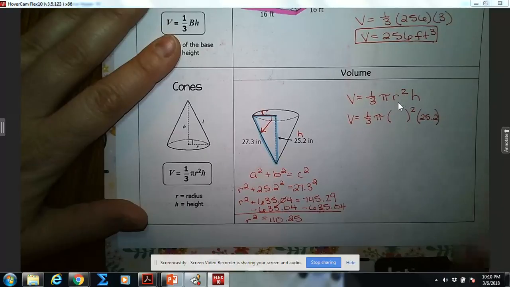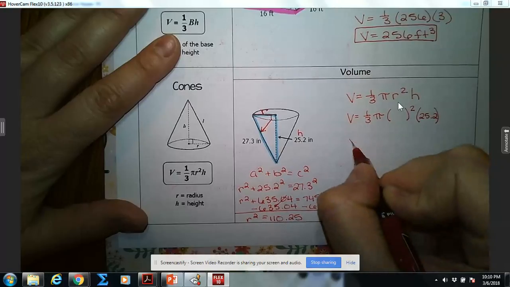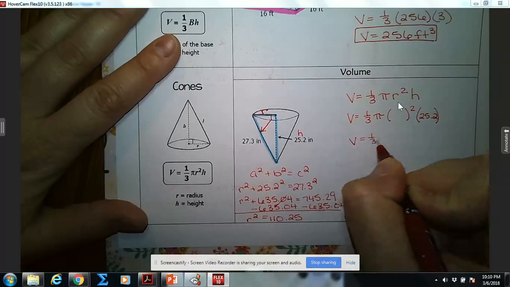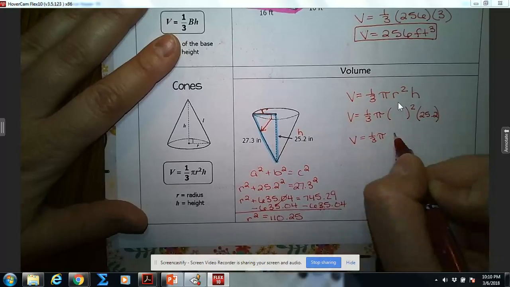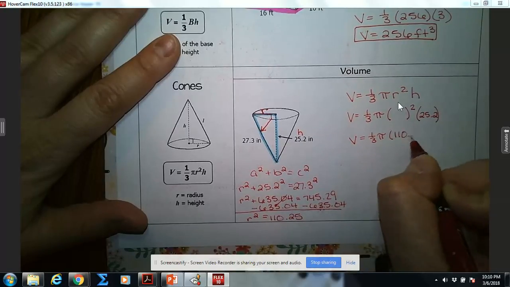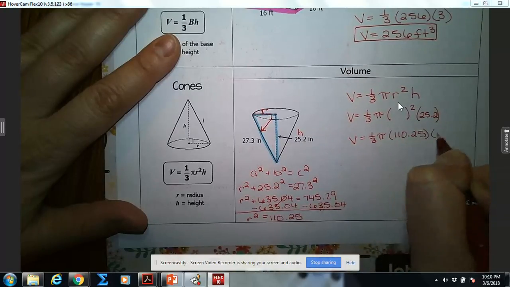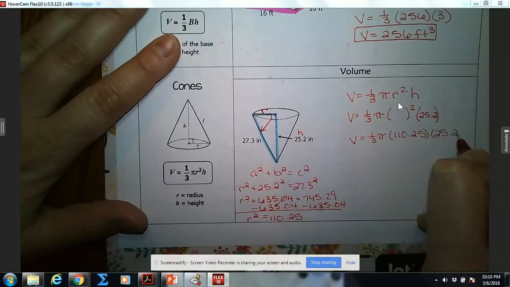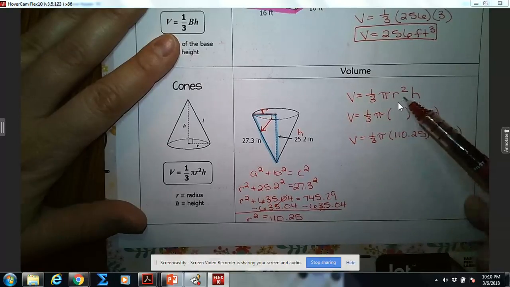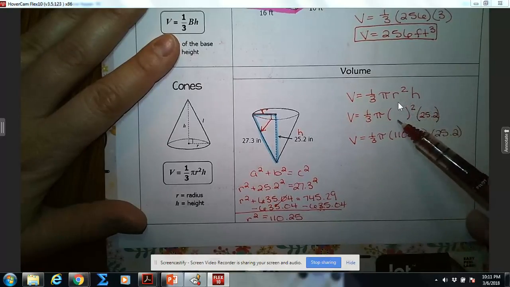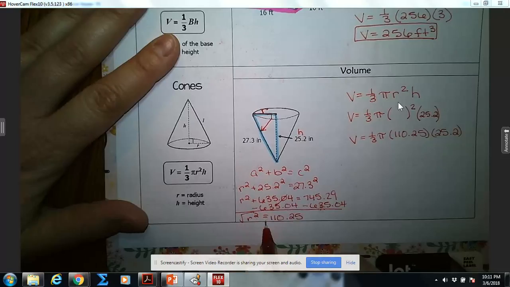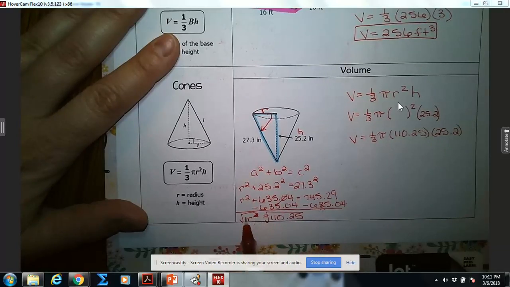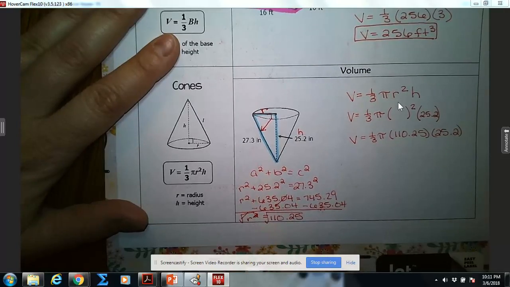Okay, I'm going to jump down here a second. In 1/3 pi times radius squared, this is my radius squared, so I know that's 110.25. Now, if I didn't recognize that that was radius squared and I just wanted to plug in the radius, I would have to go one step further to solve for r, which means I'd have to take a square root, because a square root and a square cancel each other out.